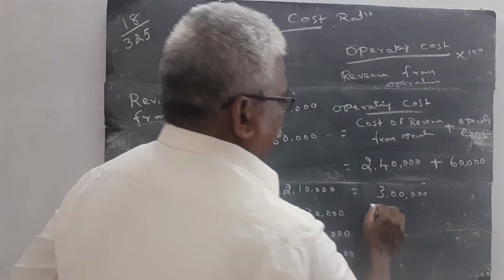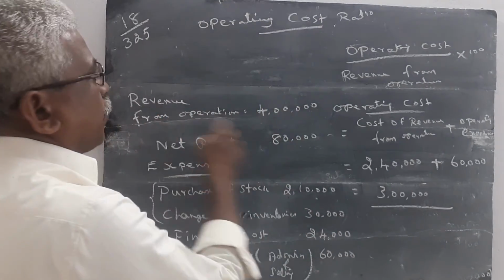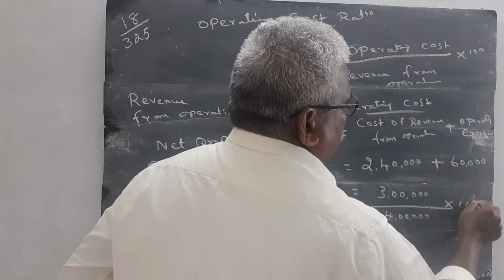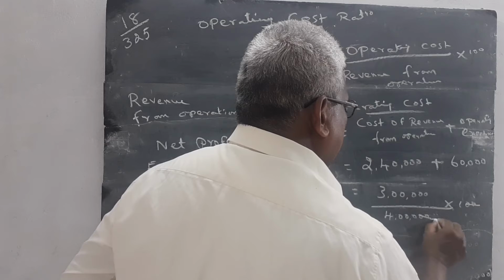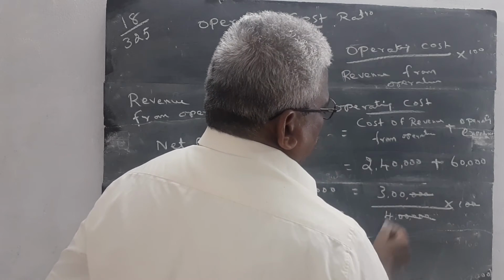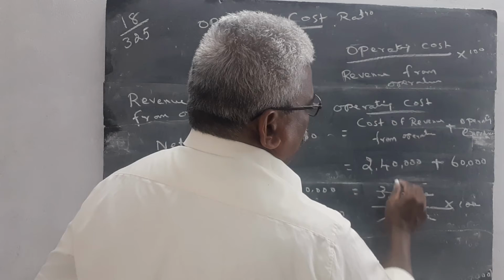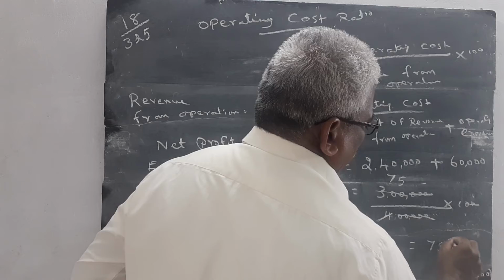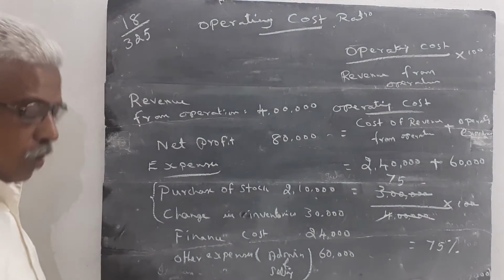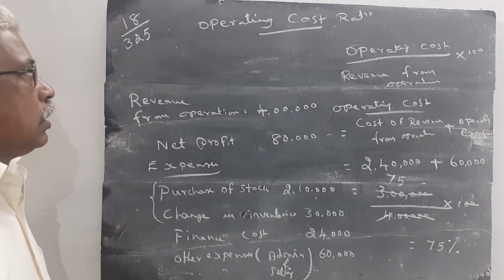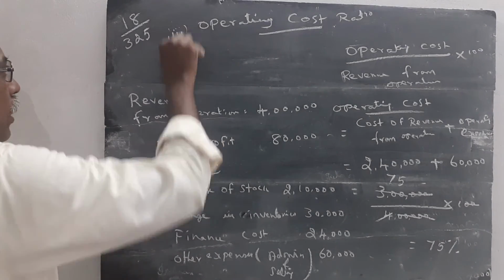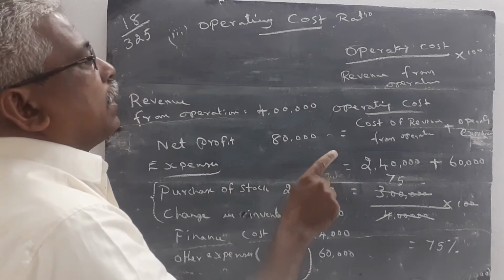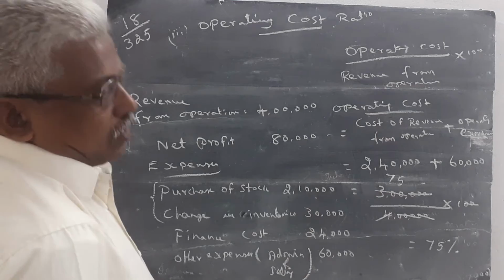3 lakhs divided by revenue from operation, which is 4 lakh, into 100. We can cut these two zeros, this 3 and this 3. Then 7 4s are 28. So the answer is equal to 75%. Operating cost ratio is equal to operating cost divided by revenue from operation into 100.